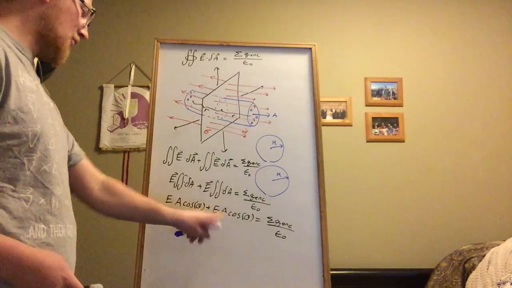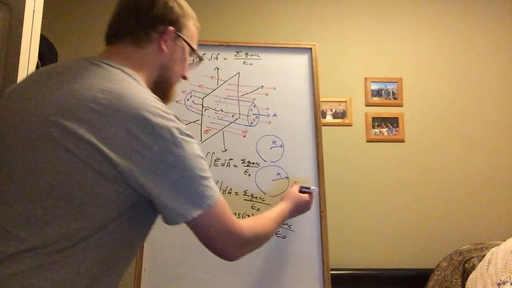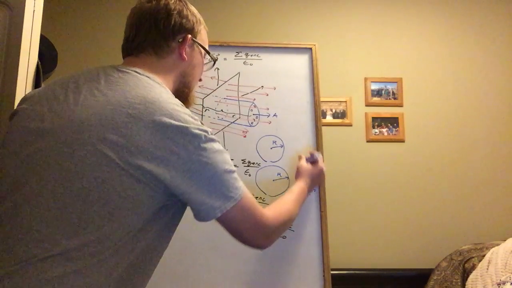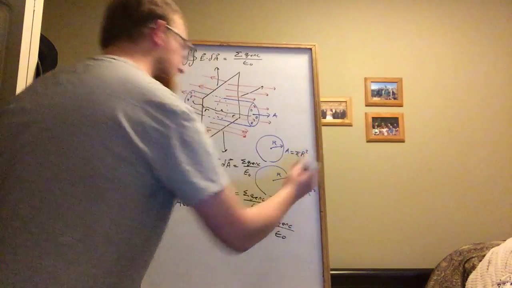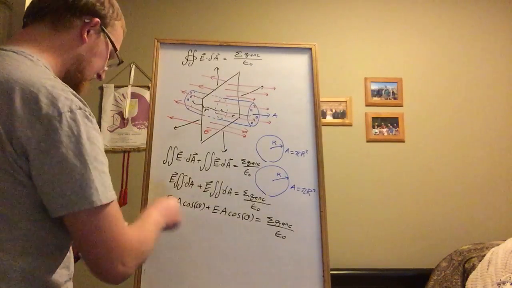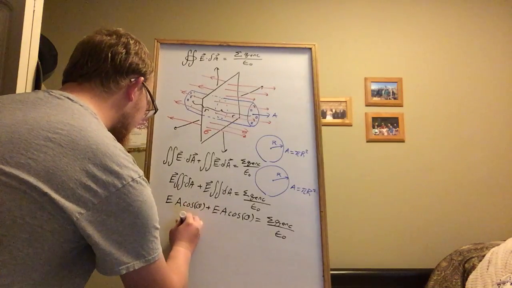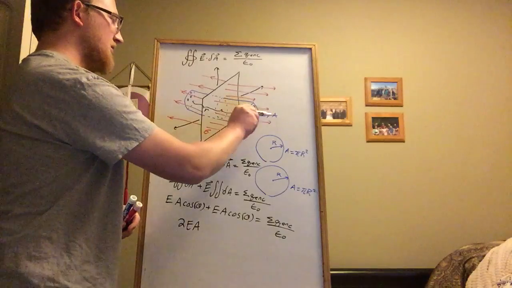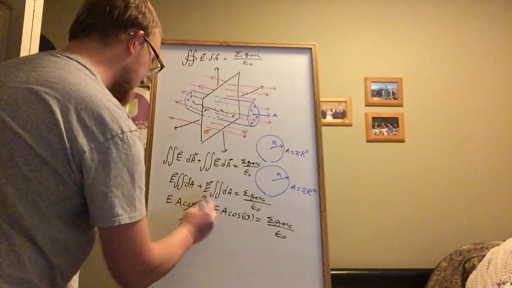Now, what is the area of these circular surfaces? The area is pi big R squared for both of them, because they're symmetrical. Let's sum these two together first, so that we have a simplified 2EA. And because the angle between the A vector and the E vector is 0, cosine of 0 is 1.